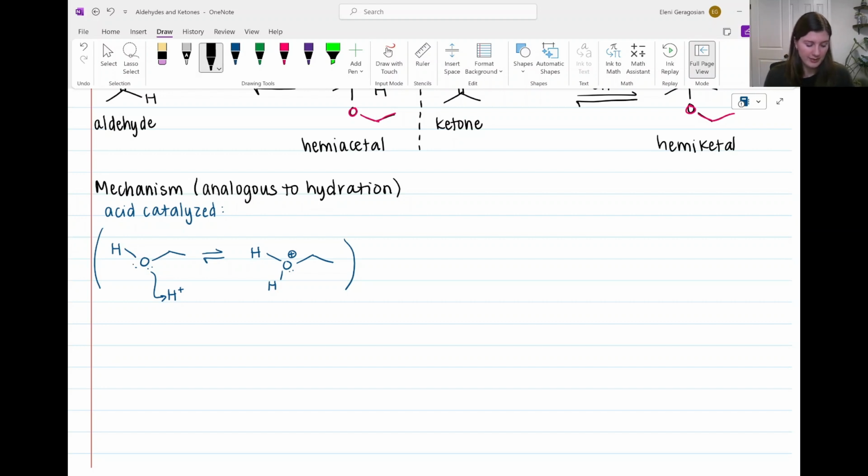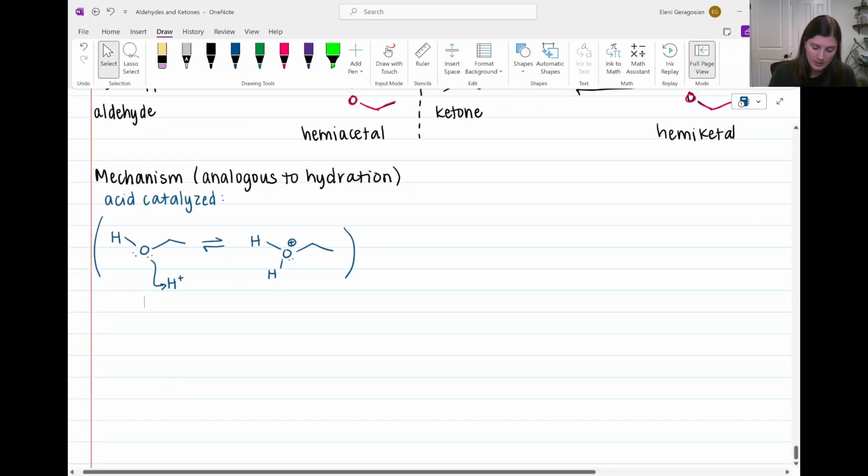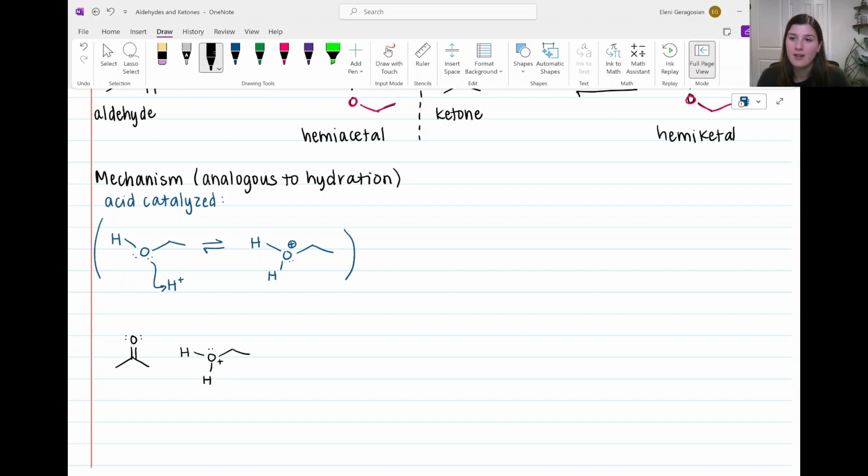Okay, so now we're doing a nucleophilic addition reaction to a ketone. If we start with a ketone in acidic solution, the ketone will start by getting protonated, and thus activated, by the protonated version of the solvent.